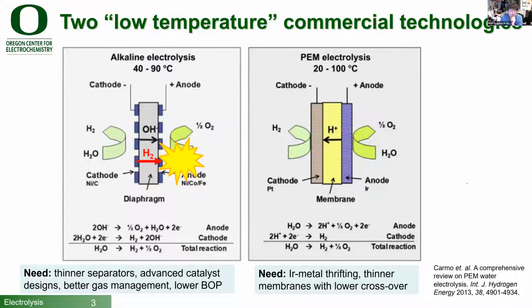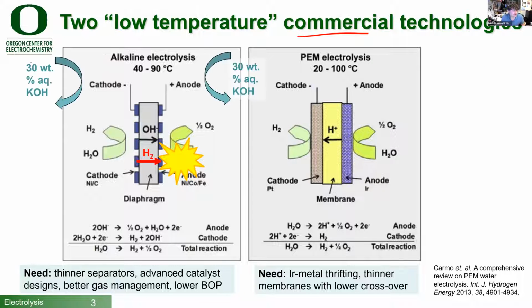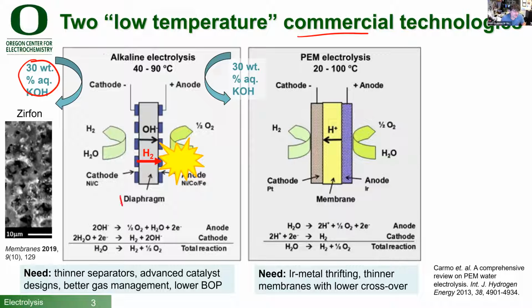Right now, there are essentially two low temperature technologies that are commercial for making hydrogen from water. One of them is called alkaline electrolysis. And alkaline electrolysis operates in typically 30 weight%, about 6 molar potassium hydroxide. And it has between the anode and the cathode, here's the anode, here's the cathode, it has a diaphragm.